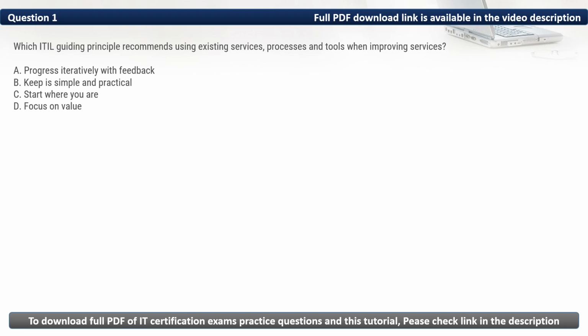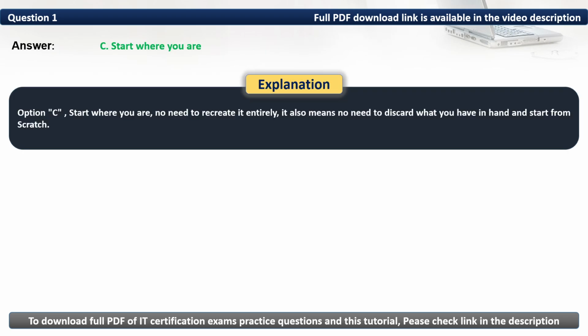Start where you are is the ITIL guiding principle that recommends using existing services, processes, and tools when improving services. Thus, the correct option is C. Option C, start where you are. No need to recreate it entirely. It also means no need to discard what you have in hand and start from scratch.